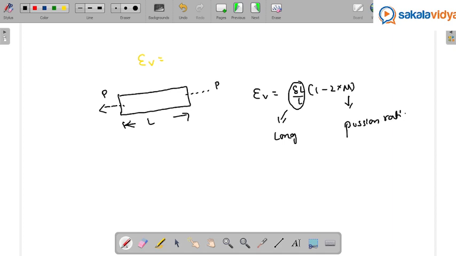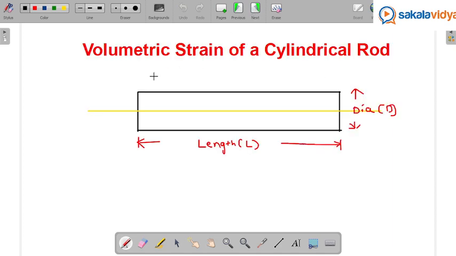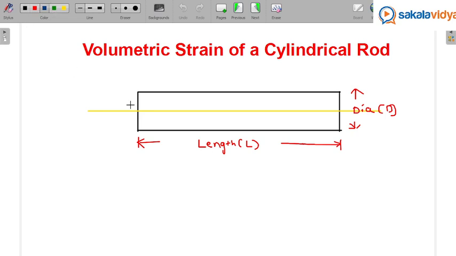So in today's session we are going to discuss the volumetric strain of a cylindrical rod. In this image it is very clear that the length of this cylindrical rod is L units, and the dia is of D units.